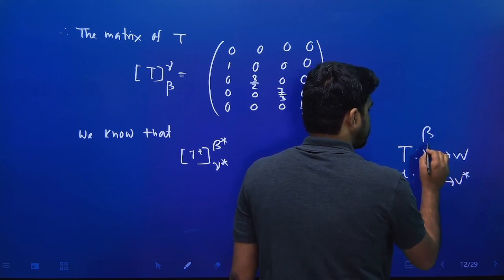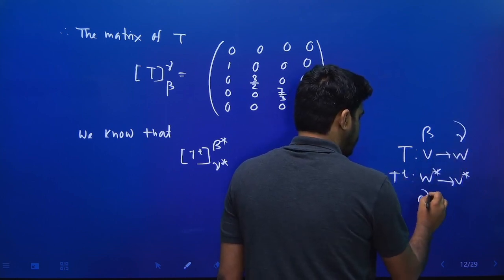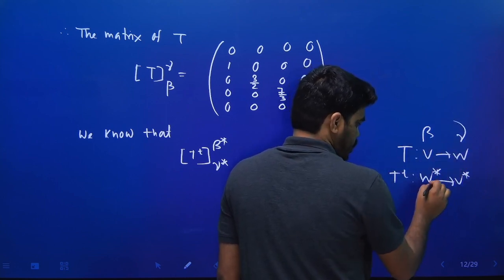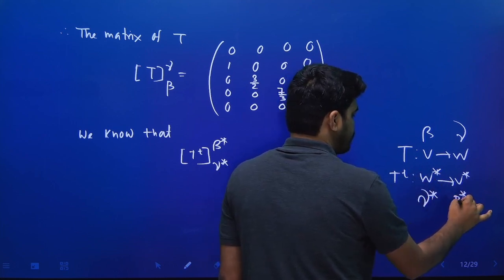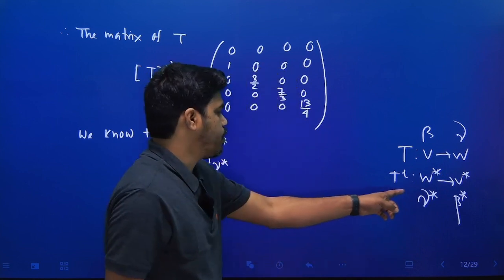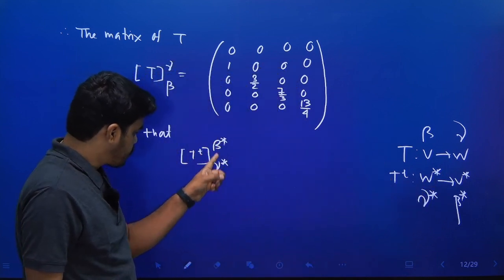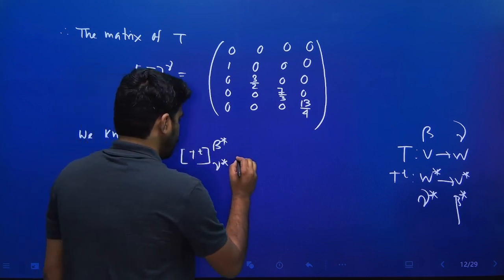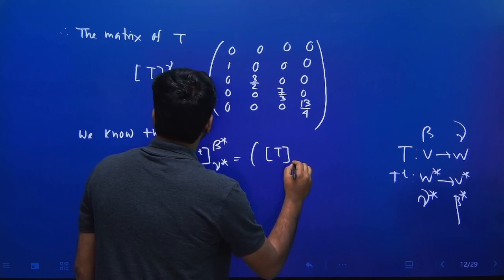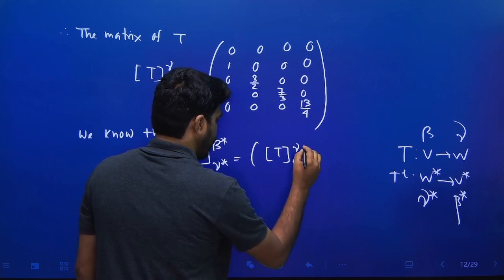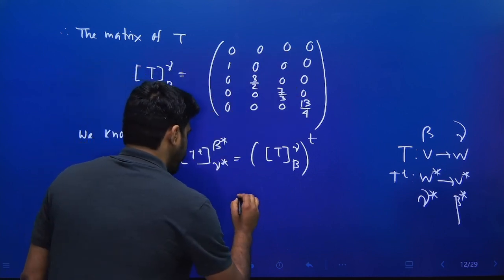The basis of V is suppose beta, the basis of W is gamma, so gamma star is the basis for W star, that is the dual space, and beta star is the dual basis for V star. So gamma star to beta star, that's why it goes from gamma star to beta star. Okay, so this will be beta gamma whole transpose. You just transpose this, you get the answer.